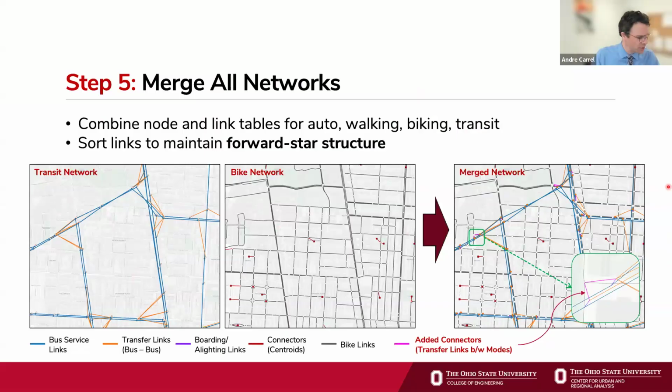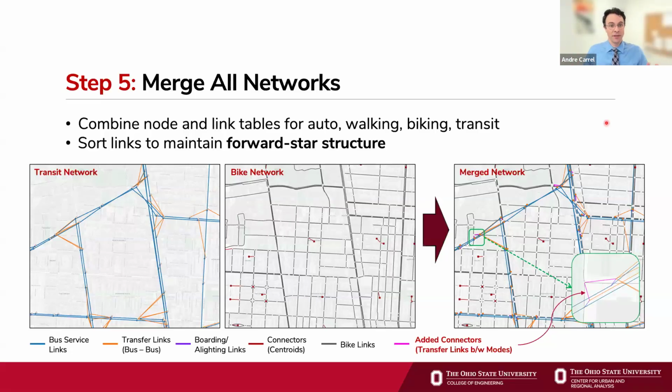The person who asked this question did actually catch something that I glossed over here, which is that which networks we merge really is dependent on the modes that we are looking to analyze. In this case, we are actually not merging in the auto network. And as a matter of fact, for walk to transit and bike to transit, the way that we are conducting analysis here with separate networks, not with the allowed uses flags, does require us to generate a different combination of network for each case, right?